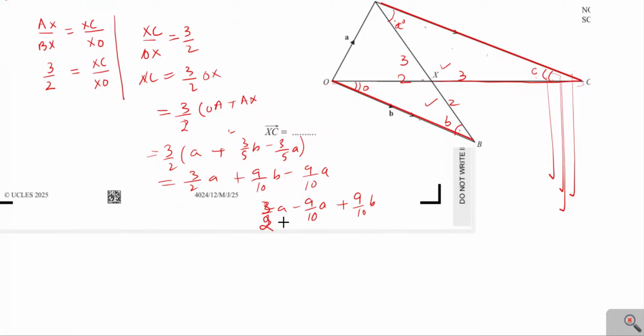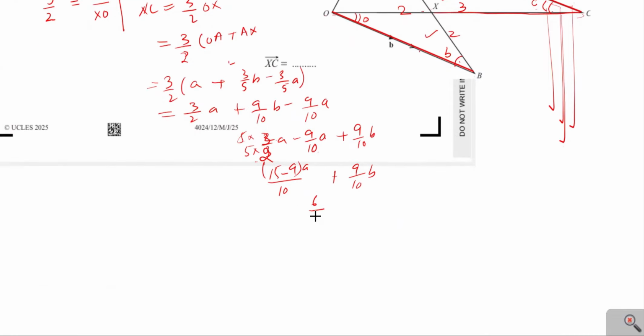This is 3 over 2, and we will multiply this fraction by 5, therefore the denominators of both fractions become the same. We can write 5 times 3 is 15 minus 9 a and plus 9 over 10 b. This is 6 over 10 a plus 9 over 10 b, and 2 times 3 is 6, 2 times 5 is 10. Therefore, 3 over 5 a plus 9 over 10 b is the answer.